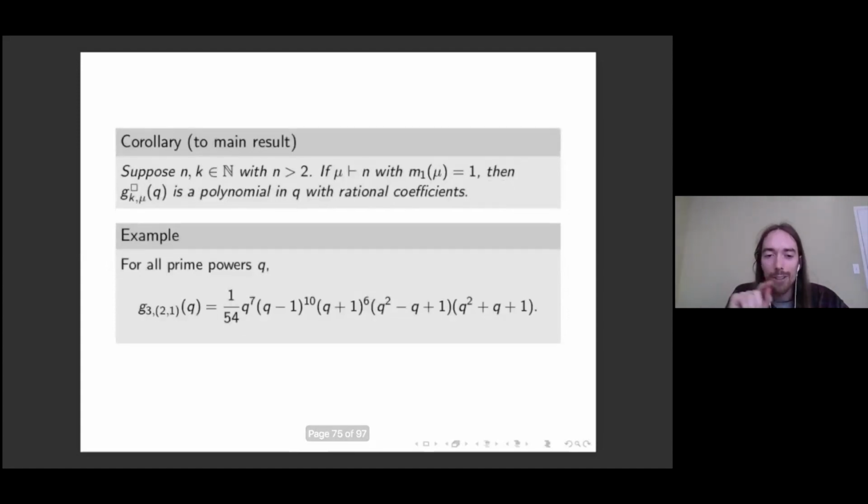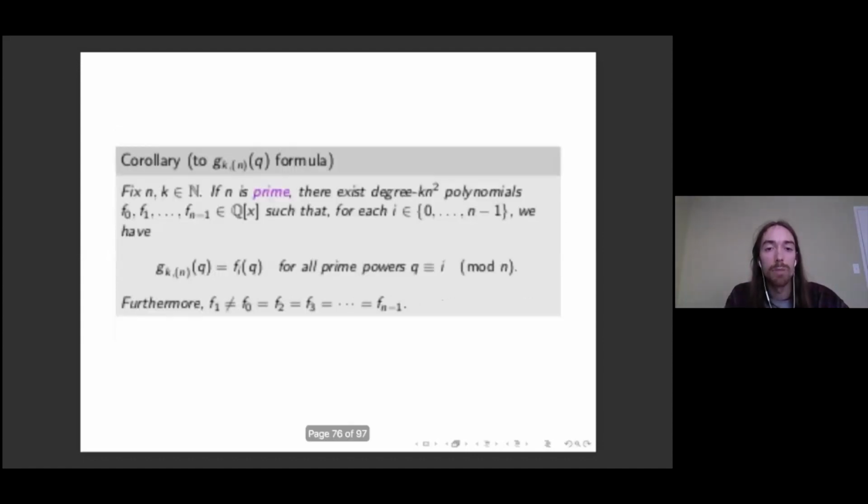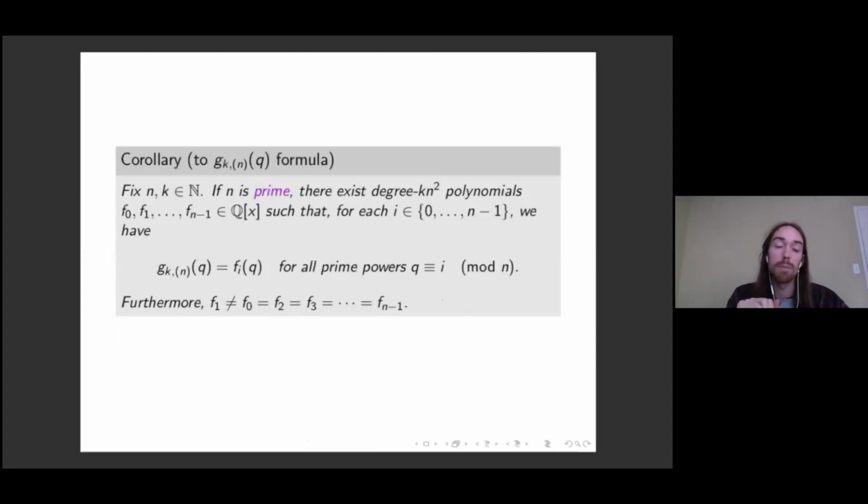If you look at this other example, you might start to think, okay, maybe the factors are cyclotomic. The examples get big too quickly, but there are examples where you don't have cyclotomic factors, even excluding the q there. And what puts that other, more complicated function, g_kn of q, in a different class is that it is not polynomial.